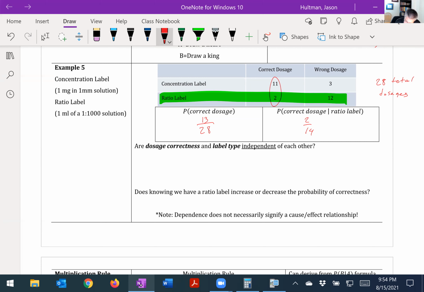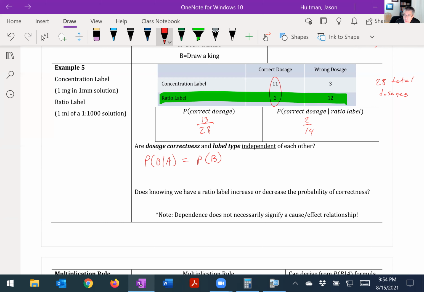Are dosage correctness and label type independent of each other? Meaning, does the probability of B given A equal the probability of B? If they were independent, then that would be true, right? The probability of the correct dosage given the label would be equal to the probability of the correct dosage regardless of which label.